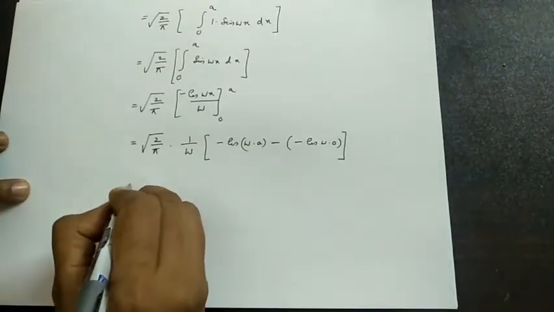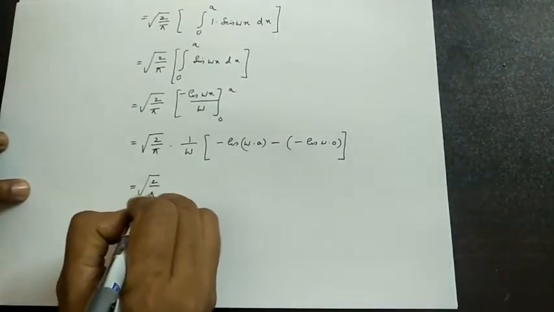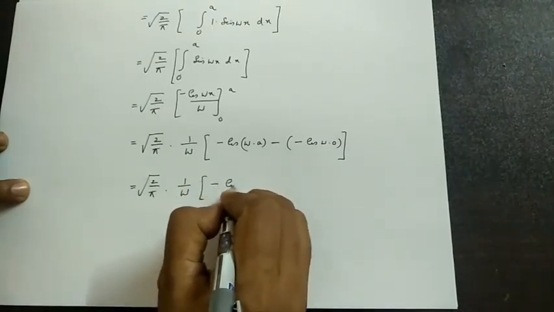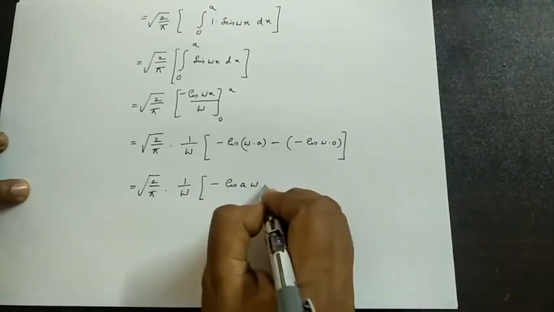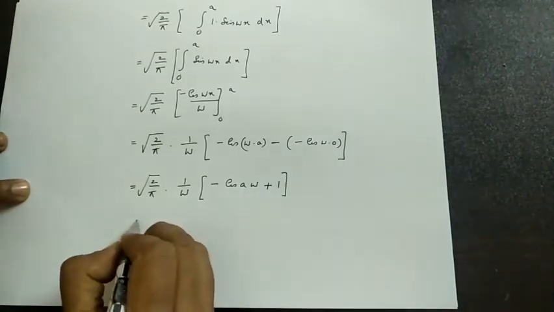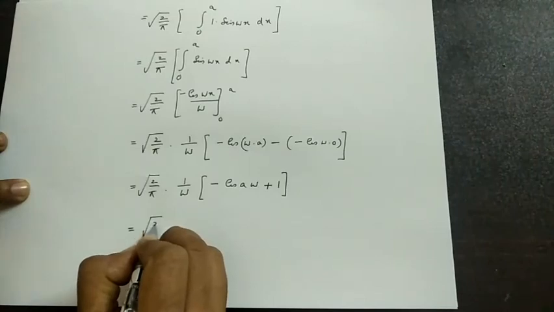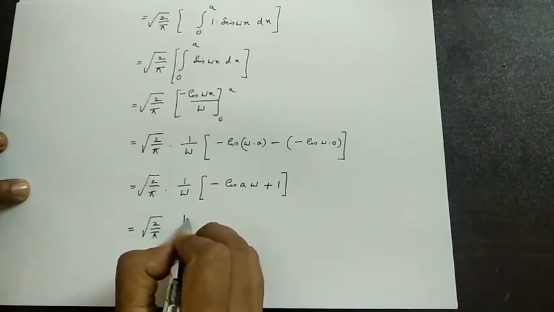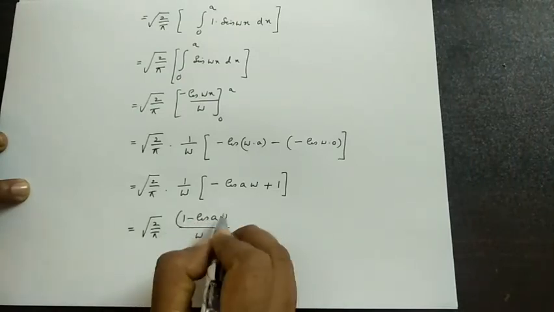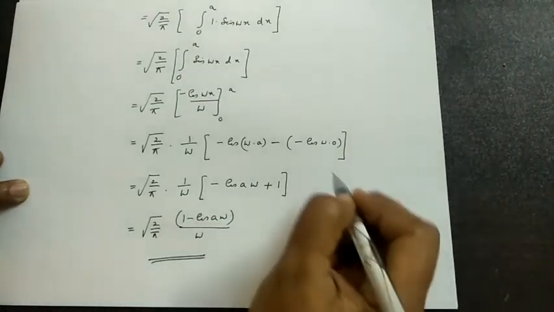That is root 2 by pi into 1 by omega into minus cos a omega plus cos 0 is 1. Therefore, we have root 2 by pi into 1 minus cos a omega by omega. That is the final answer. Okay.